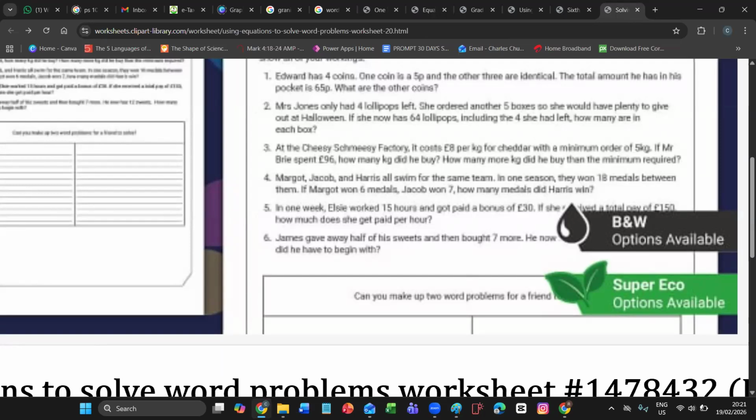So how will we solve this particular one? How would you solve it if you were to solve it?